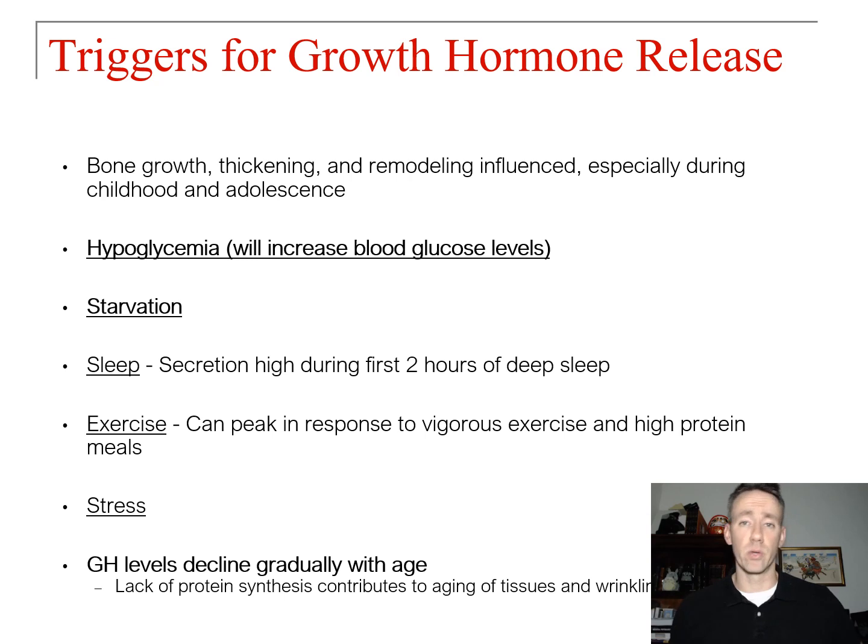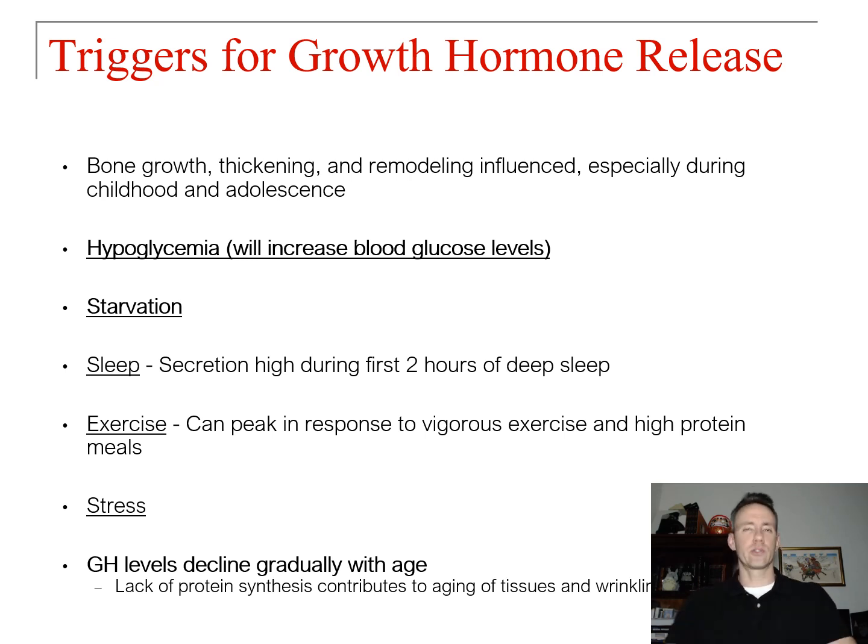If you were to eat a meal with a lot of sugar in it, that would actually inhibit growth hormone release. Starvation, again, sugar levels could be more depleted there. So this would help to utilize fatty acids during periods of starvation, as opposed to glucose. And it helps to keep the glucose levels higher in the blood, so it helps to stimulate gluconeogenesis.